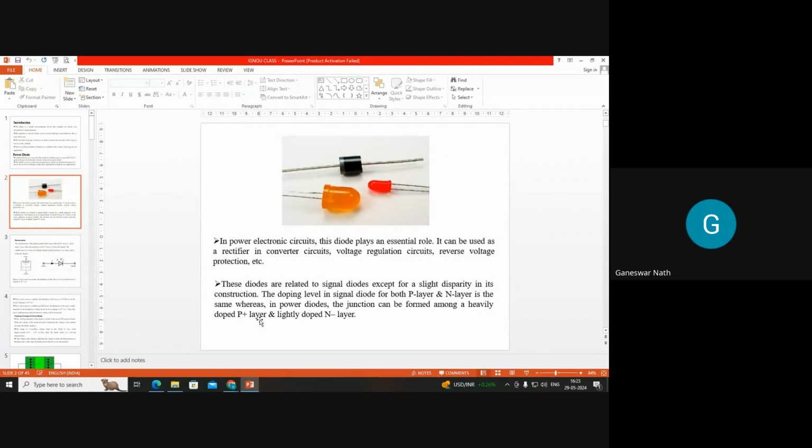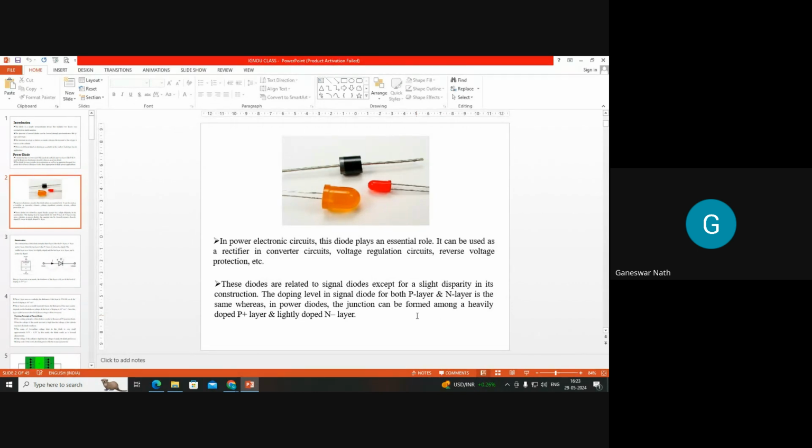Doping, as all of you know, means the addition of impurity to a pure semiconductor. Depending upon the doping concentration, there may be p plus and n plus, which means heavily doped, and also lightly doped. In a signal diode, the doping level for the p layer and n layer is the same.